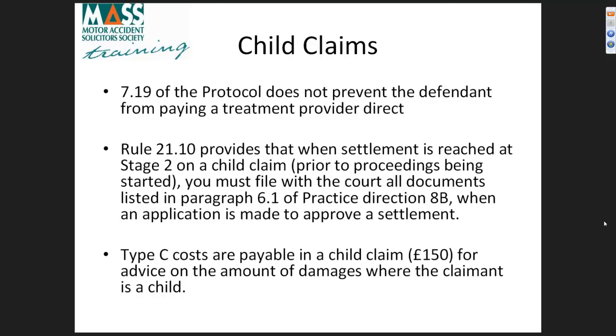You'll see that in the additional costs with child claims, you are entitled to £150 for the advice on the amount of damages where the claimant is a child, if that's been provided by a barrister.